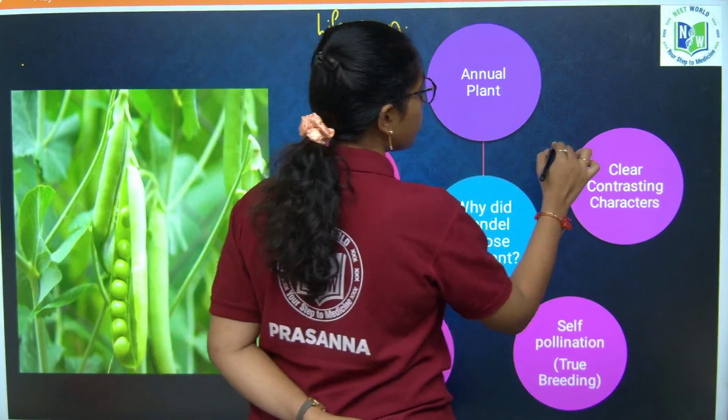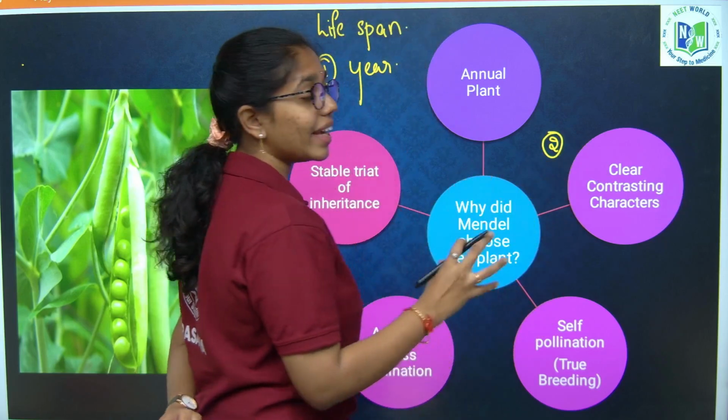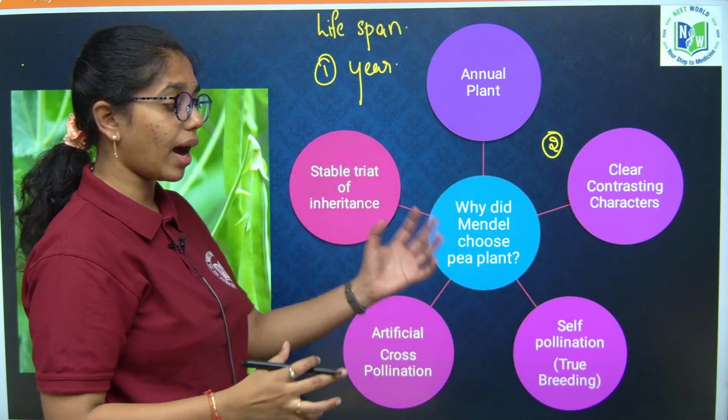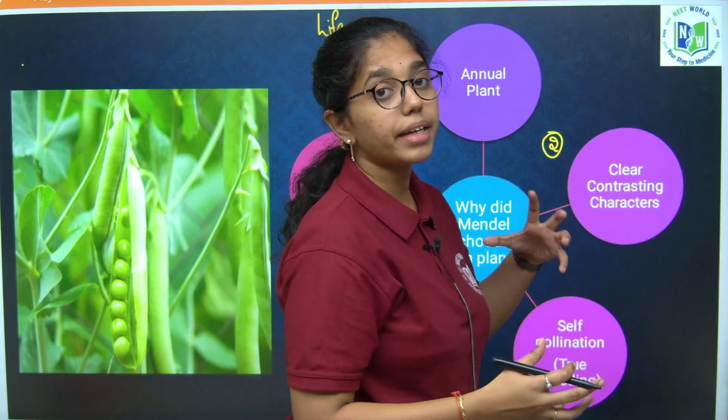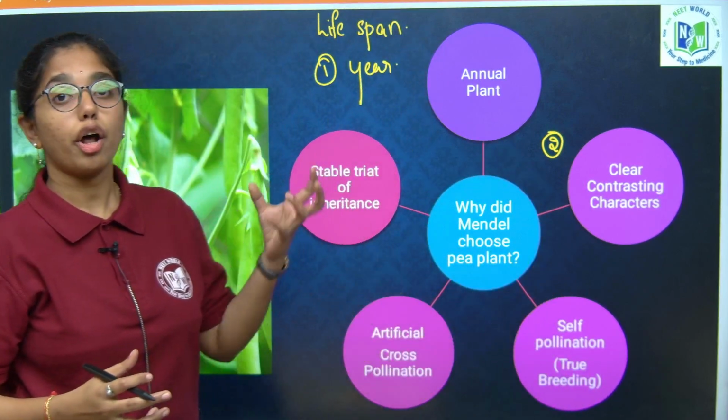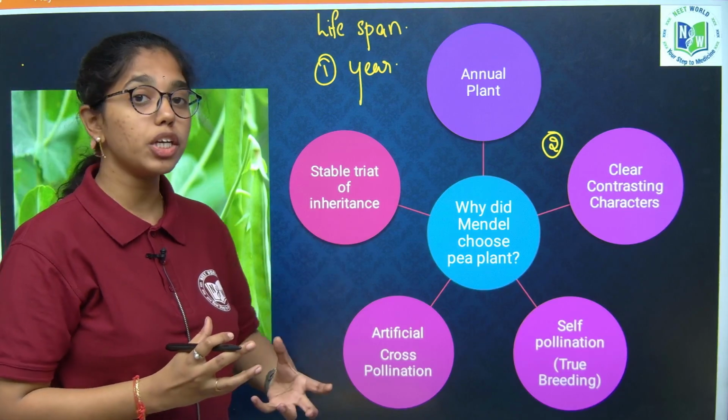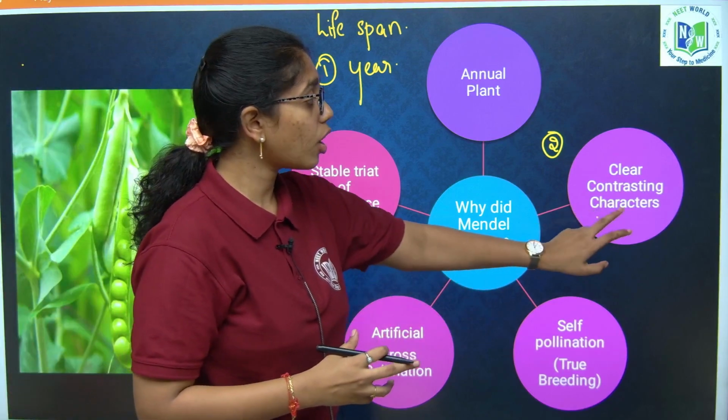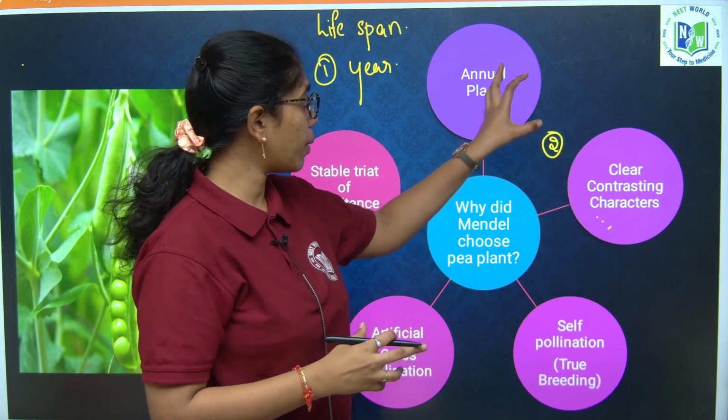The second most important feature is that they show clear contrasting characters, be it dwarf or tall, flower color, pod shape, seed shape, anything it might be. Clear contrasting characters are visible in a pea plant.